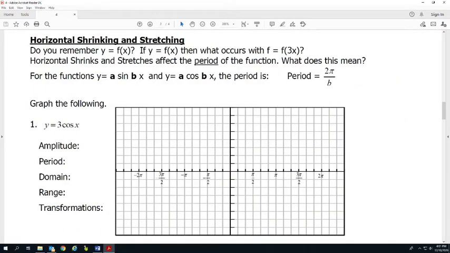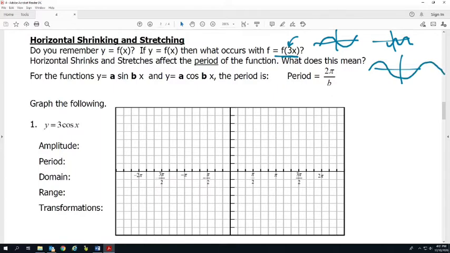Okay, before we do an example, I should probably talk about this horizontal shrinking and stretching. Do you remember y equals f of x? If y equals f of x, what occurs when we have f of 3x? So basically what we've done right here, that's our b value that's changed. That's a horizontal either stretch or a compression. So if you have a sine wave or a cosine wave, either way, you've either tightened it up, so it's just going to be a tighter wave, or you have spread it out depending on what that b value is.